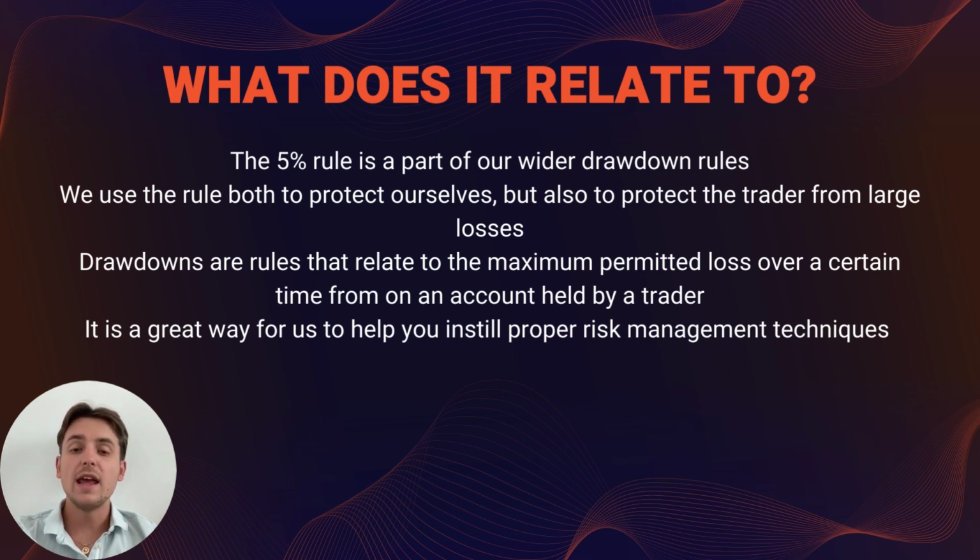And as I said before, it's a great way for us to instill and help promote proper risk management techniques, because as we've no doubt explained in some of our other reels and content with our mental coaches, when you start to make losses, there's always that tendency that you may want to do more things to try and recoup some of the money. But with this rule, where you don't really want to risk it in case you lose the account, it helps you take a break and reset for the next day.